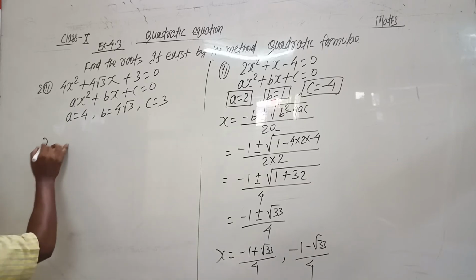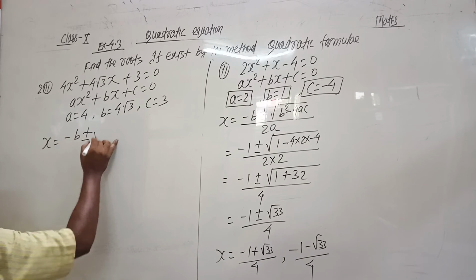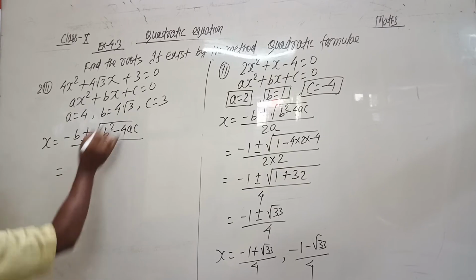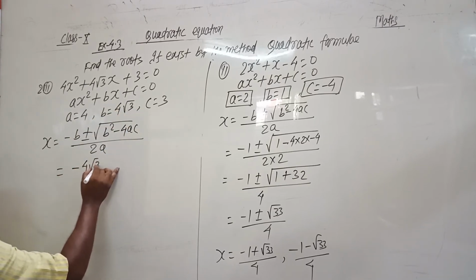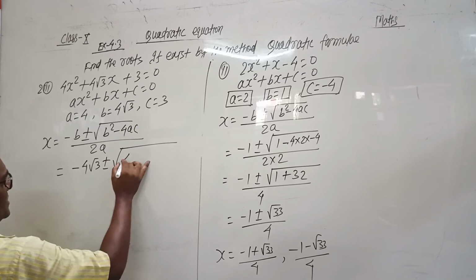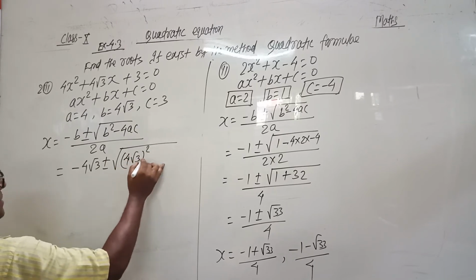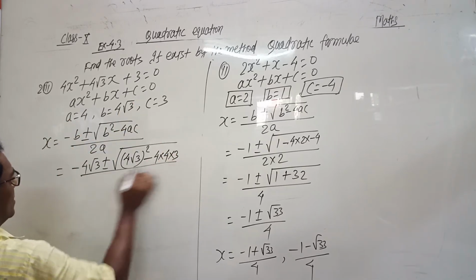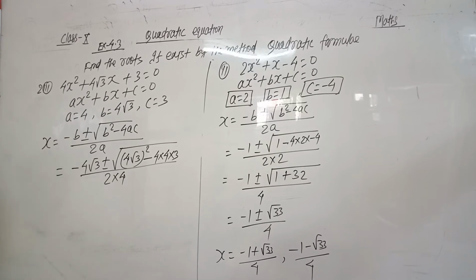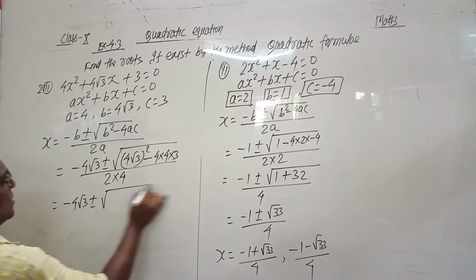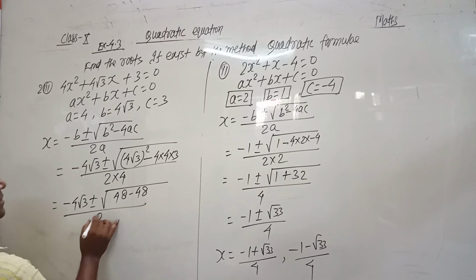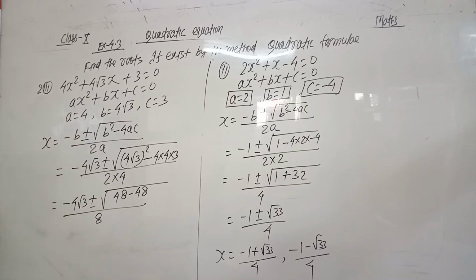Quadratic formula. So x equals to minus b plus minus under root of b square minus 4ac upon 2a. Minus b means minus 4 root 3 plus minus root over b square, that is 4 root 3 the whole square, minus 4 into a, which is 4, and the value of c is 3, upon 2a, which means 2 into 4. So minus 4 root 3 plus minus under root of, this comes to be 48 minus 48, upon 2 into 4, 8.